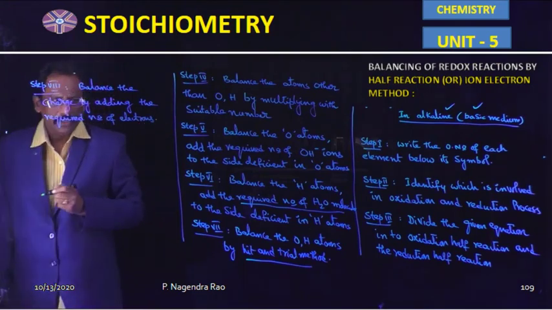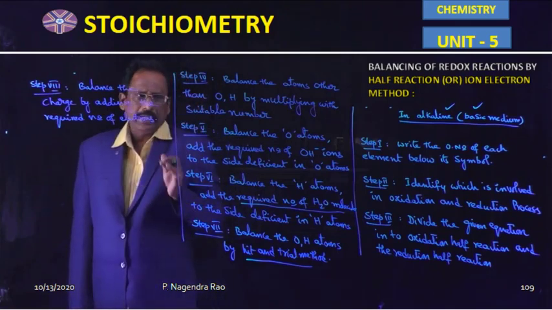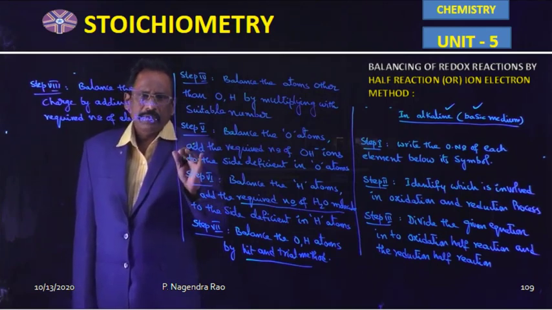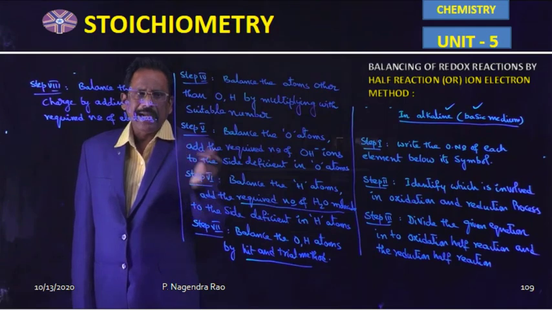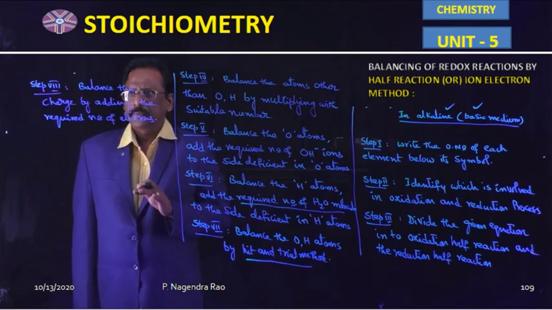That means the required number of electrons are added to the product side in the oxidation half reaction. The required number of electrons are added to the reactant side in the reduction half reaction.